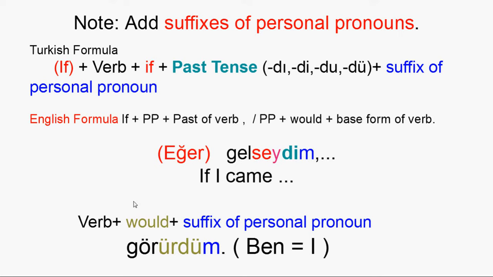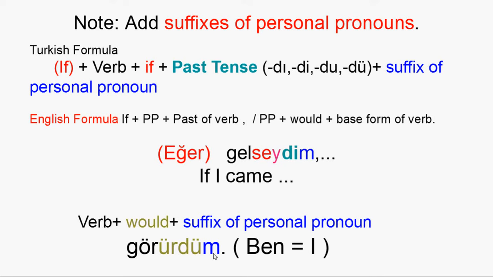So let's get to the would form, the second part. After that we have to use the verb. Gör means see. And after that we use the would form in Turkish, di, but here it shows the third person pronoun, he, she, it.